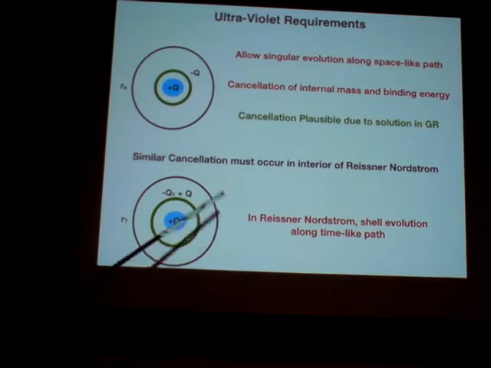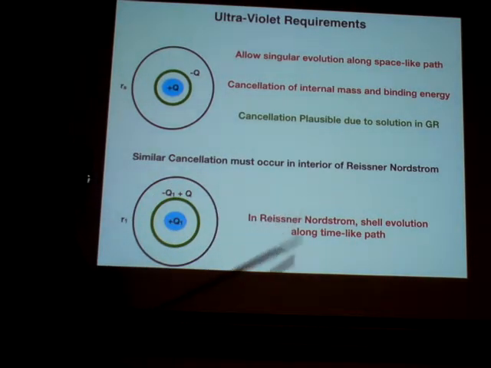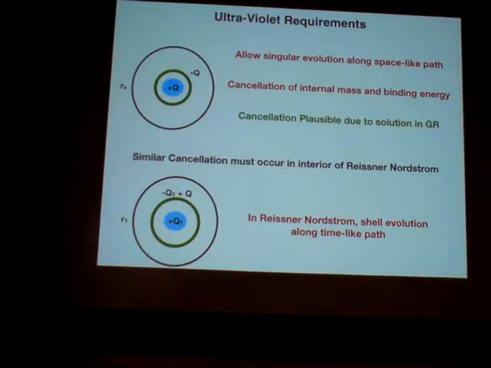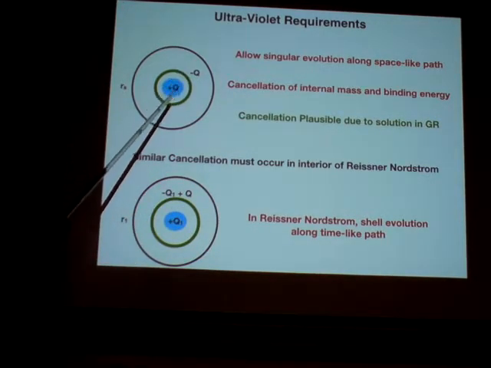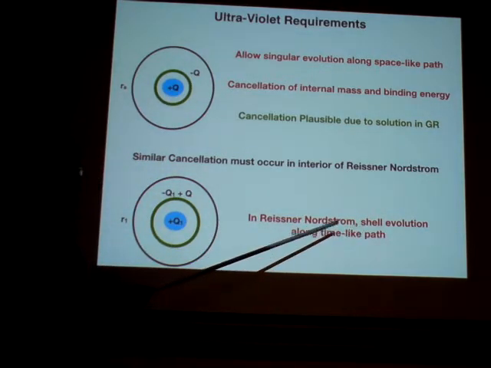The additional reason why you might think such a thing is possible, of course, is because you require such a similar cancellation to exist in the interior of the Reissner-Nordstrom black hole. There is no other possibility out there. And of course, to some extent, the formation story of such a shell in the Reissner-Nordstrom case is a lot easier because you don't need to have some shell that moves along some space-like path. The shell evolution simply could happen along a time-like trajectory.